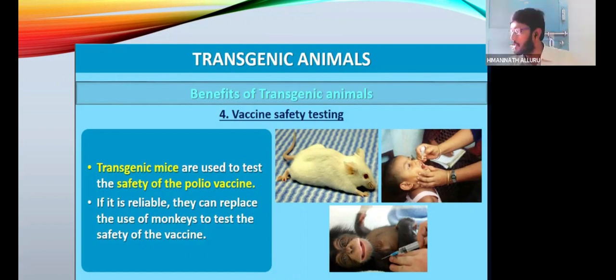All these questions we have to put to the minds of children so that they will understand how we take help from different transgenic animals before a product is delivered for human use, especially for the polio vaccine, or COVID vaccine, or any vaccine. Transgenic animals are mainly used for testing, you must know.